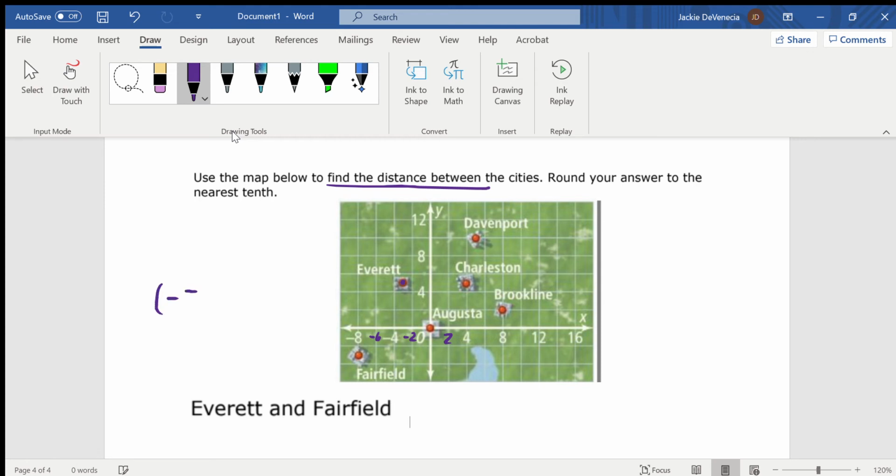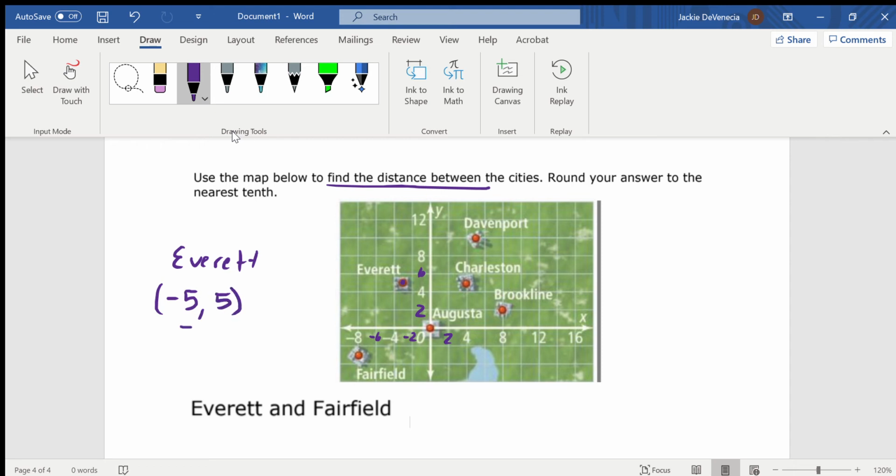So your x value for Everett is -5. And my y value, just like in the x-axis, this is also going by twos. So you can fill in the axis if that helps you. And it's also between 4 and 6, but it's positive.